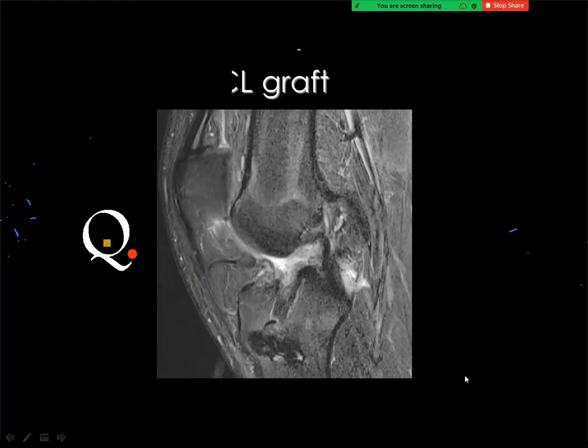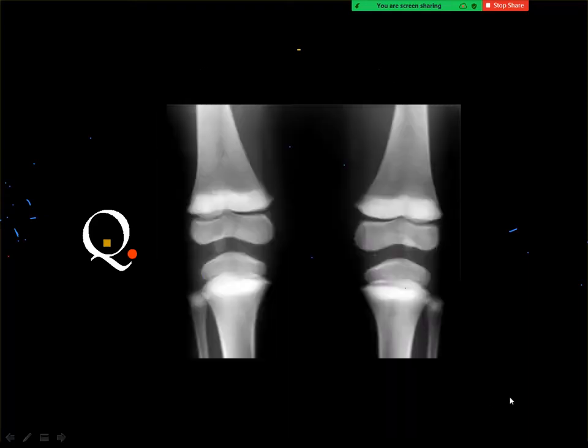But if the duration is still in the first year, then if you see some fibers and some abnormal signaling, you say that this is the phase of ligamentization of the graft, but this case there is total graft failure. In this case, you got metaphyseal bone sclerosis.